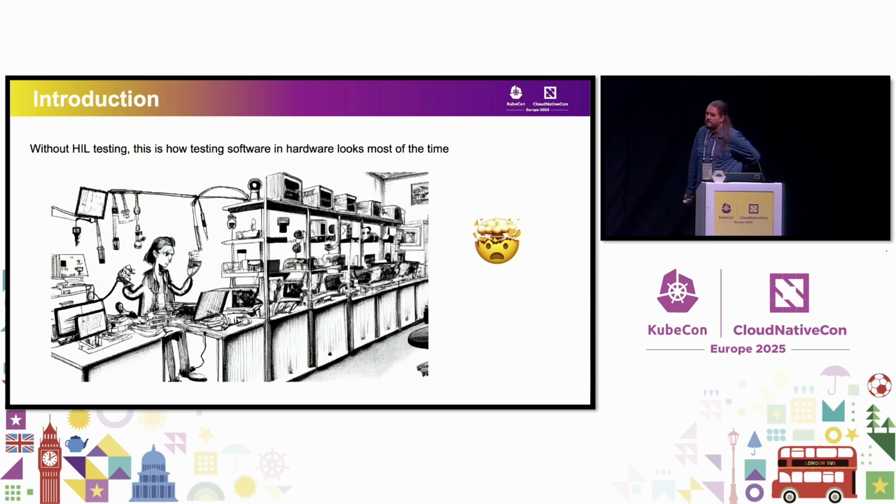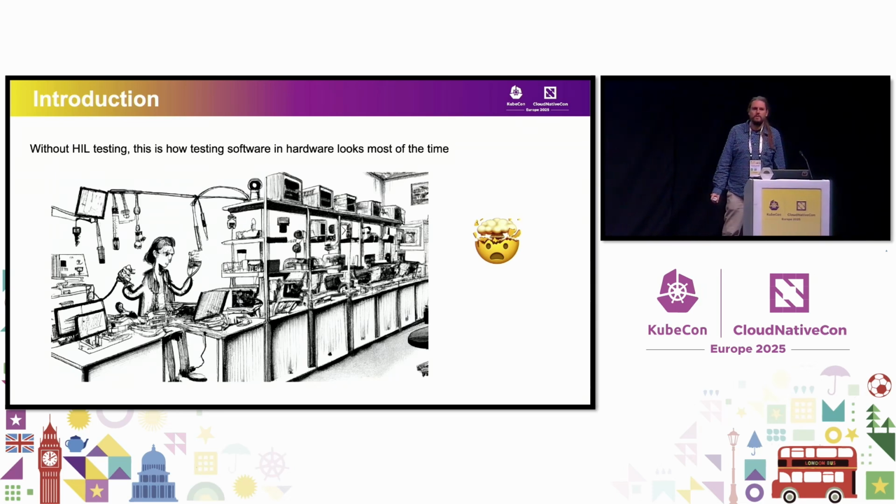So in companies where I've been where there is no hardware in the loop testing, this is how it looks. Maybe you have different variants of your devices, and when you are going to make a release of your firmware, you need to test it on all of them and make sure that everything is fine, do lots of manual testing, and that doesn't scale well.